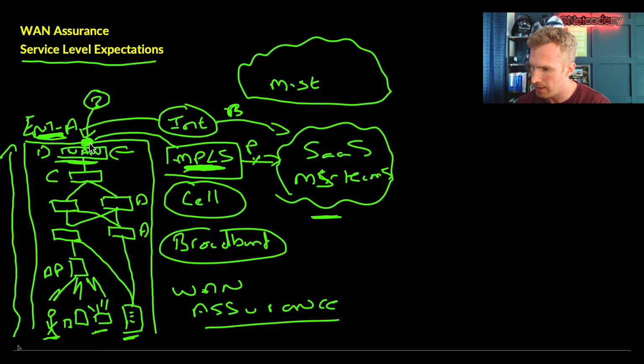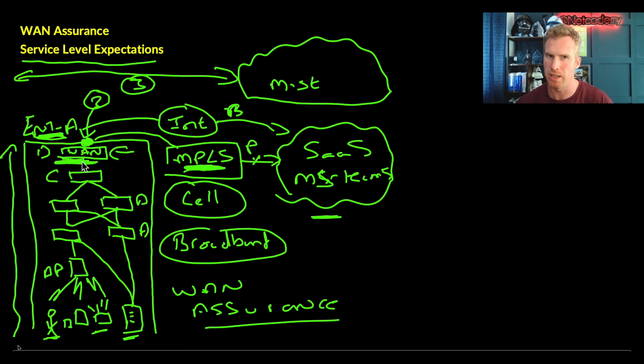And three, it's then monitoring, I'm going to draw it this way, the application going through that SD-WAN, that WAN router itself, and seeing what's the uptime, what's the packet loss, what's the jitter, etc. So again, high level, those are the three service level expectations, or SLEs.